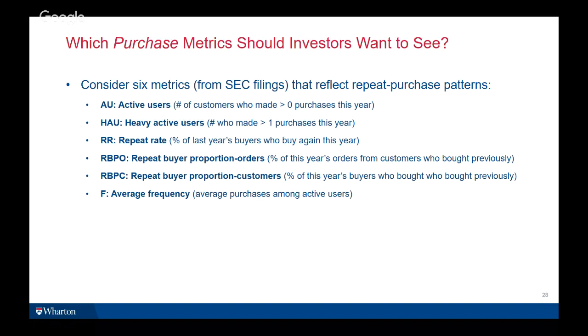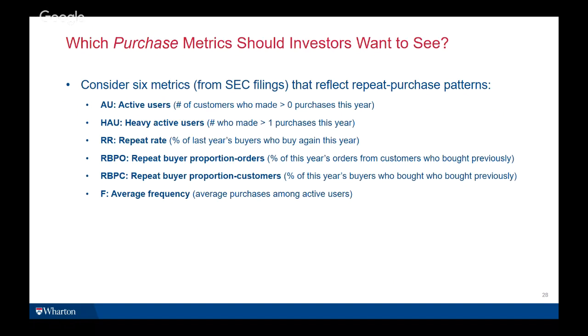So rather than arbitrarily pick a couple of metrics from a hat, I said, let's take 6 common metrics of the sort that you'd find in a customer metrics textbook and put them to the test and let the data tell us what the best combination of metrics is, if we even need multiple metrics. So the metrics that I'm going to focus on are active users, heavy active users, the repeat rate, the repeat bar proportion for orders, the repeat bar proportion for customers, and the average buyer purchase frequency.